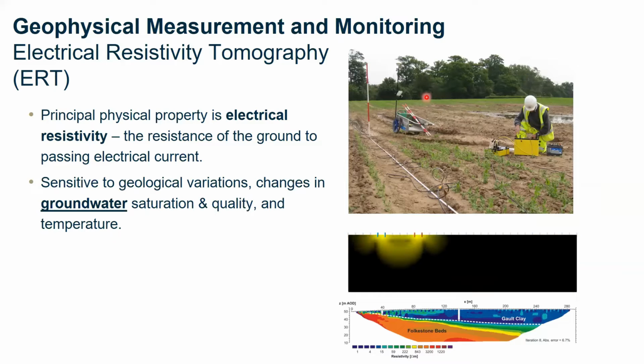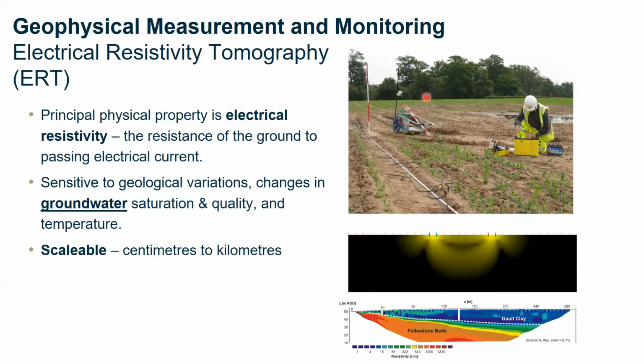And the resistivity itself is sensitive to mostly geological variations, but also changes in groundwater saturation or moisture content, and also temperature. And it's scalable, which means that we can focus on scales of centimeters in the lab, for example, or kilometers in the field.